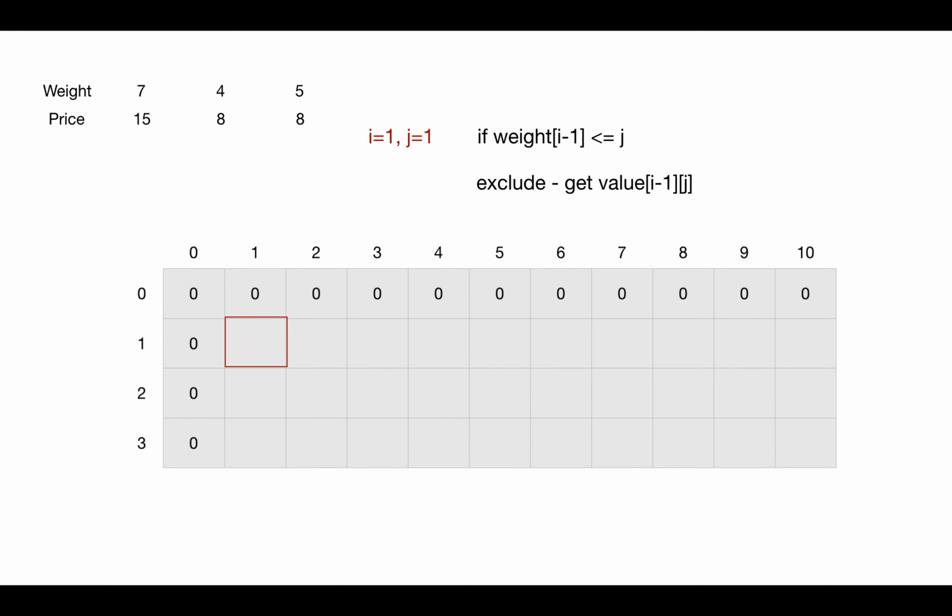So we exclude it and fill the cell with the profit for the remaining items, that is for i minus 1 comma j, which is the value for 0, 1, which equals 0. So we fill it with 0.